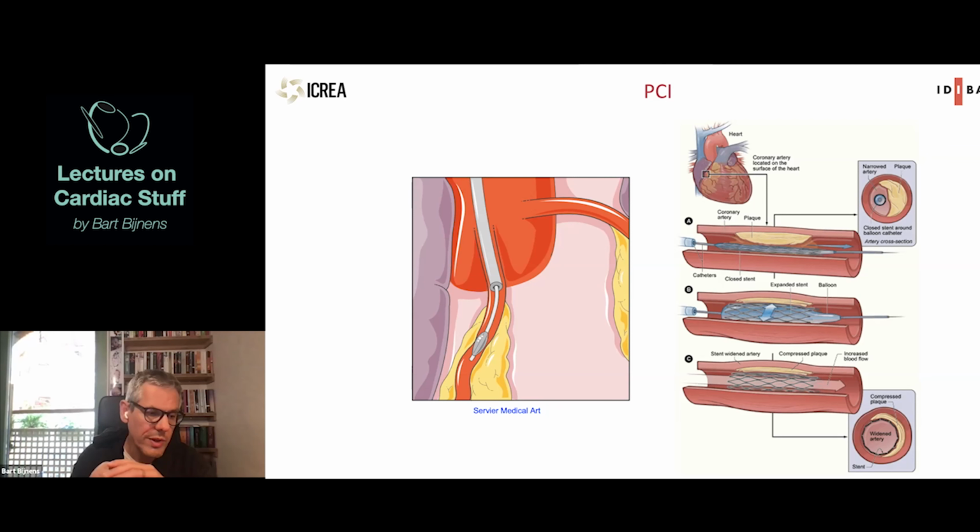Now, there are a couple of things which are also important. For example, if you have a total occlusion of a coronary artery, you have to reopen this as quickly as possible. And the question is, what happens if a patient is for a long time with a full occlusion? Will you still open it, yes or no? These are questions that we will also cover later on. These are things which are actually important.